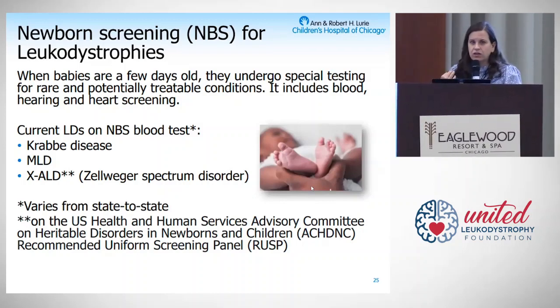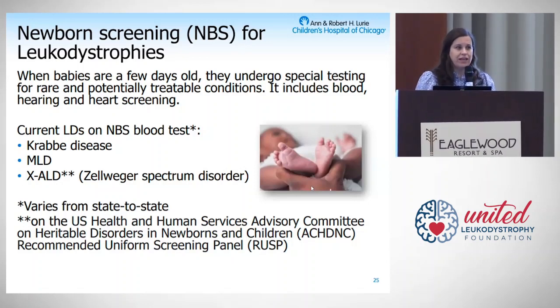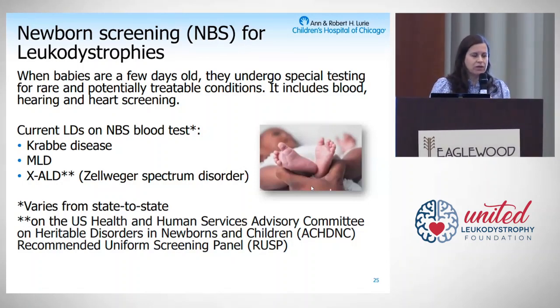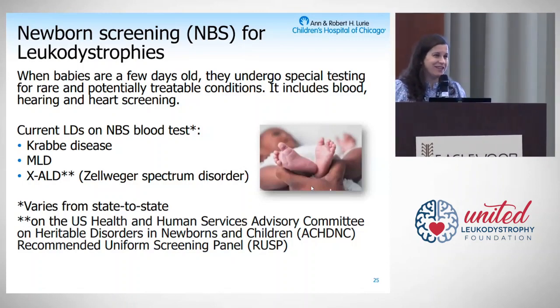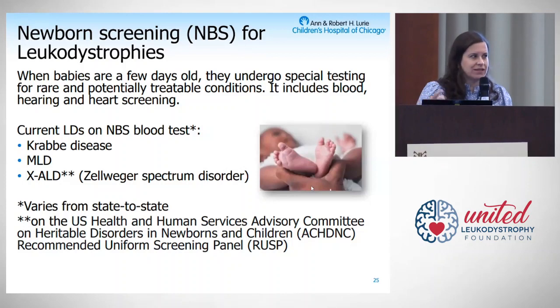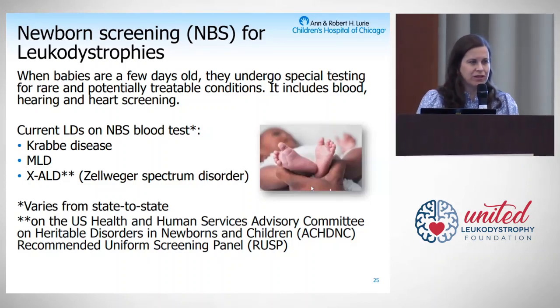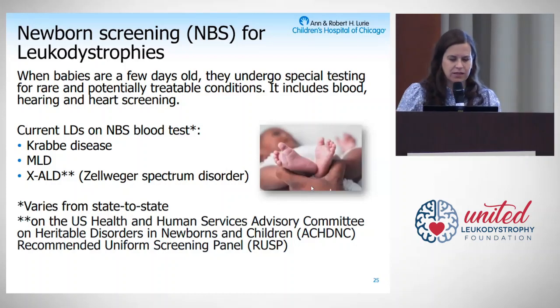The important thing to know about newborn screens is that it varies from state to state. Absolutely, what you get tested for in one state differs from what you get tested for in another state. And states need to go through a process. Each disease needs to get added one by one through legislation. So it's an arduous process.